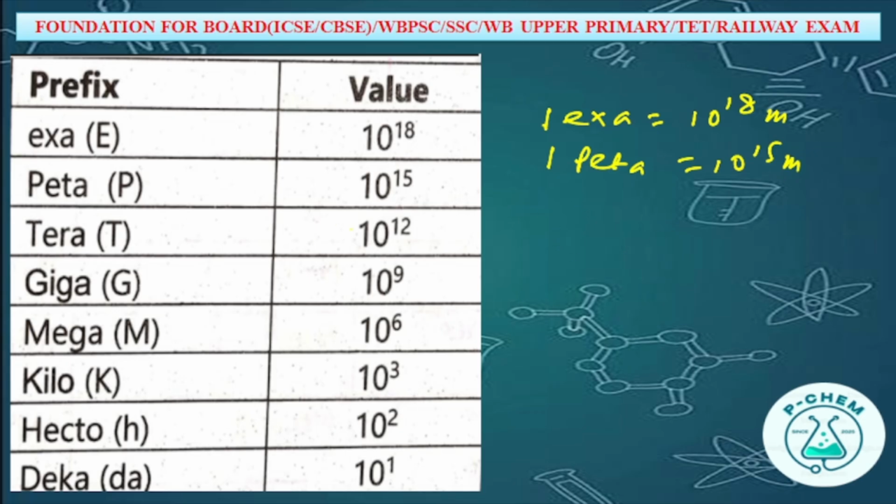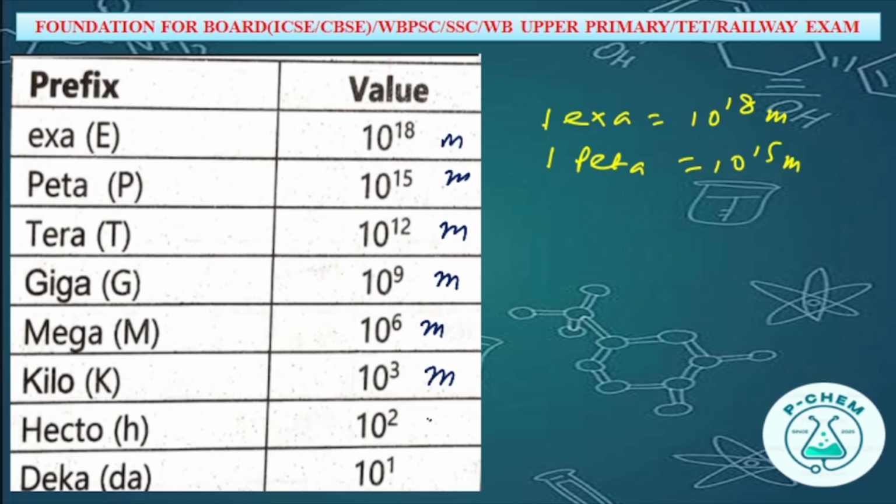Then 1 tera is 10 to the power 12 meter, giga 10 to the power 9 meter, 1 mega 10 to the power 6, kilo 10 to the power cube meter. All will be meter. Okay.